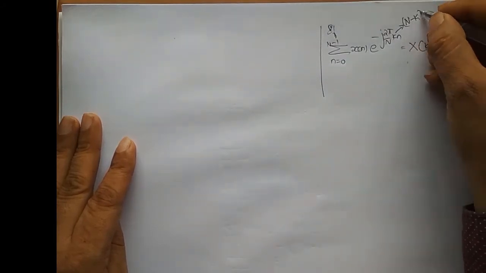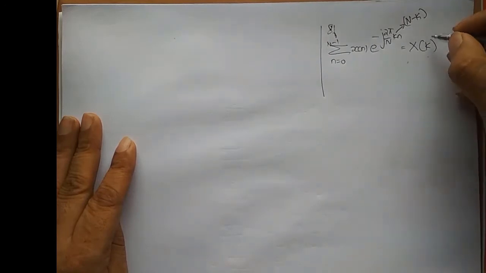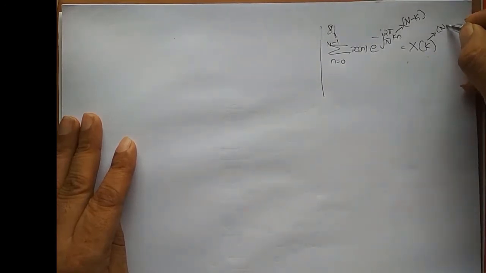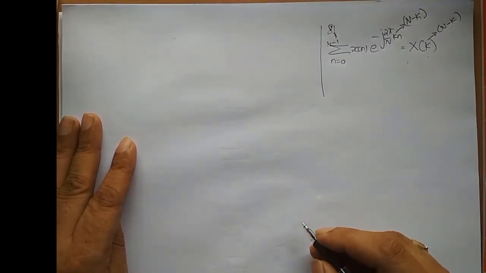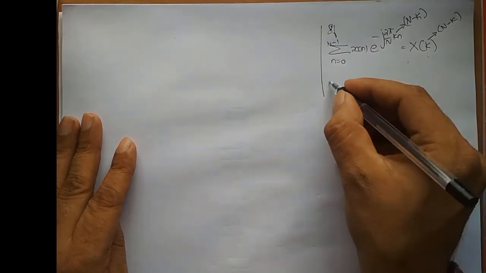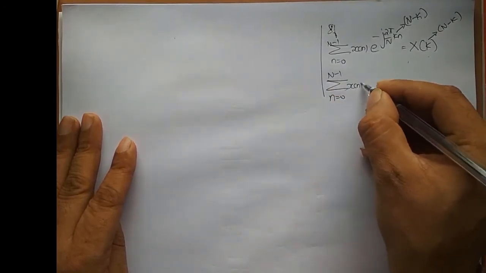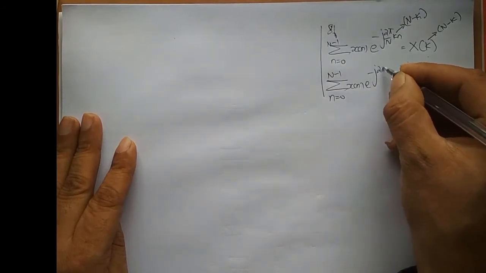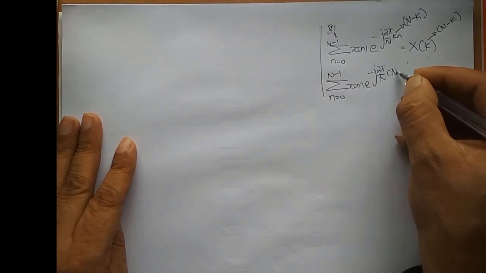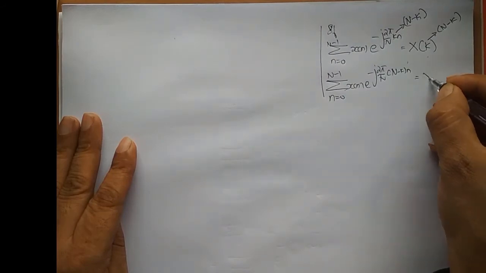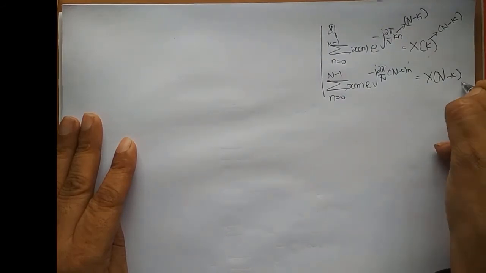Fine. What happens to the right hand side? On the right hand side also, this will be replaced by n minus k, right? So summation n varying from 0 to n minus 1 x of n e power minus j 2 pi by n into n minus k into n can be written as X of n minus k, right?